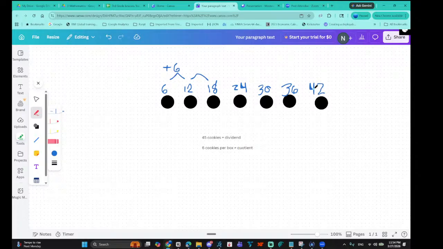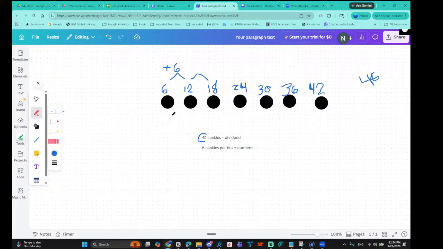So since we added 6 cookies up until 42, we have only 45 cookies. If you add 6 cookies to 42, then that would equal 48 cookies. And we don't have enough cookies to make another whole equal group. So here is where remainders come in.